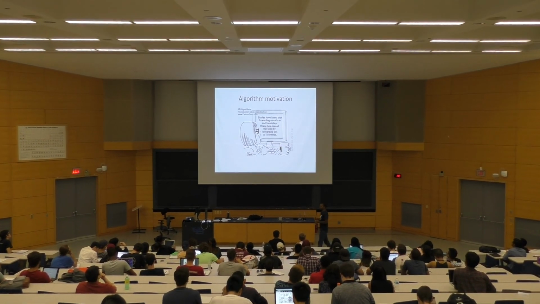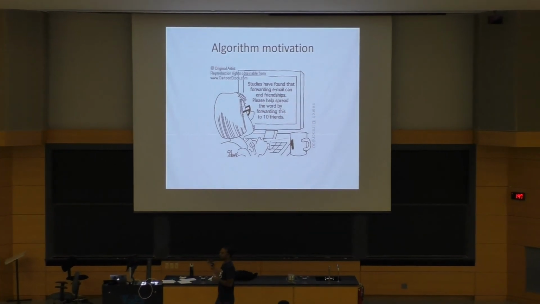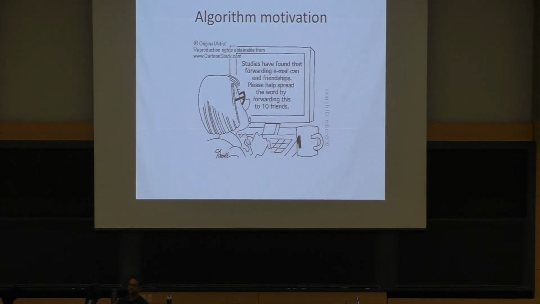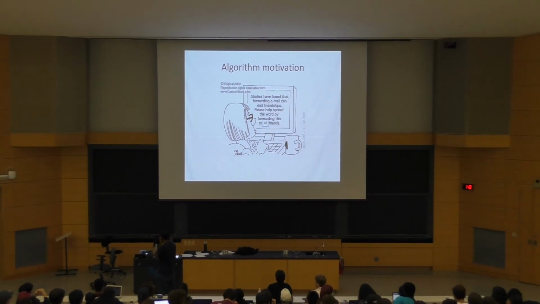So the motivation for this algorithm is, I don't know if it's a problem for you guys, but my father is fairly old, so he discovered email a few years back. I just keep on getting the spams. Like one of his friends does something, and it just goes out to everyone in his inbox, right? So here's the basic idea. It's actually a theoretically studied routing algorithm in networks called flooding.